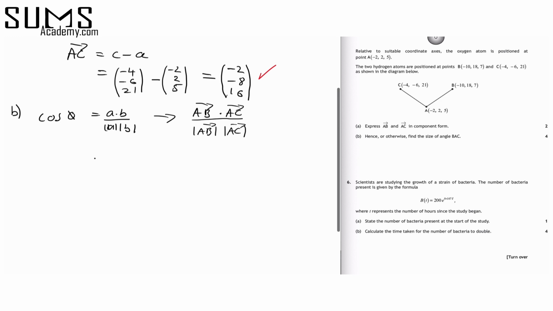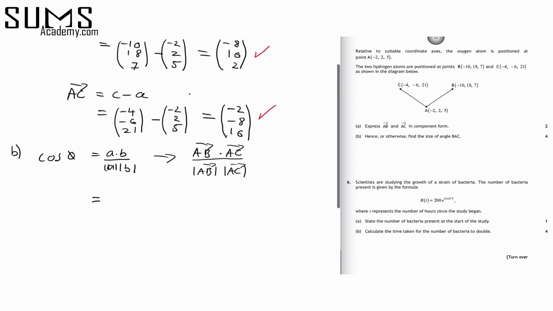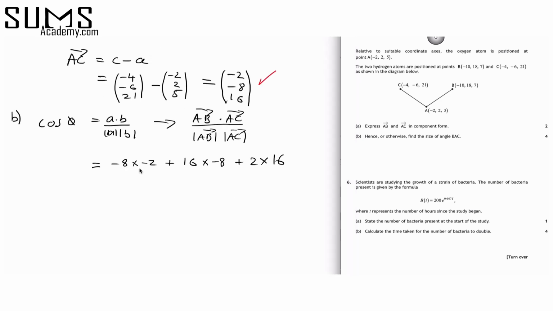So it's going to be equal to, well, this is just dot notation from our 2 previous answers. So it's minus 8 times minus 2 plus 16 times negative 8 plus 2 times 16. This is probably one for the calculator, but some of these we can do in our head.